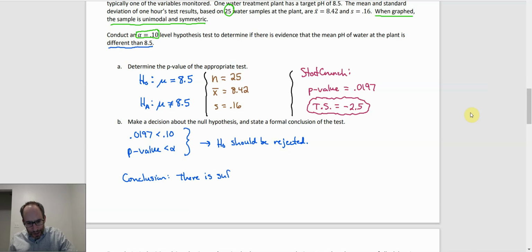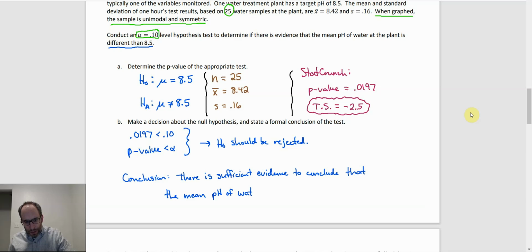So there is sufficient or enough evidence to conclude that, and then the alternative is actually right at the end of that second paragraph, that the mean pH of water at the plant is different than 8.5. Okay.